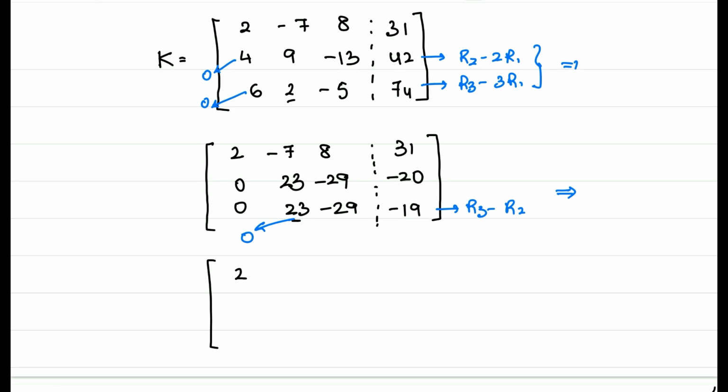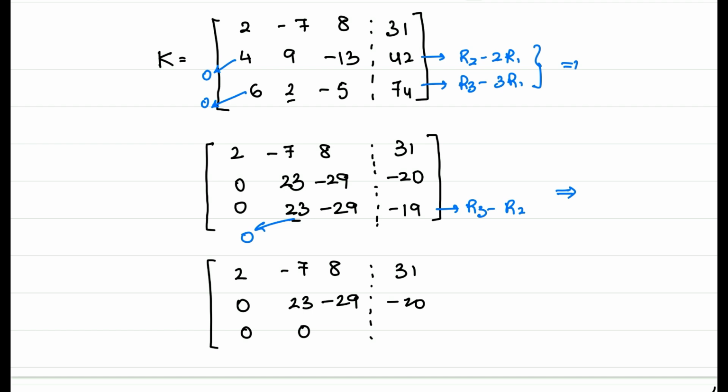I am not operating on R1. I am not operating on R2, because I am operating with R2. On and with are different. So my R1 remains the same, my R2 also remains the same, and my R3 will change. 23 minus 23 is 0. 0 minus 0 is 0. 23 minus 23 is 0.